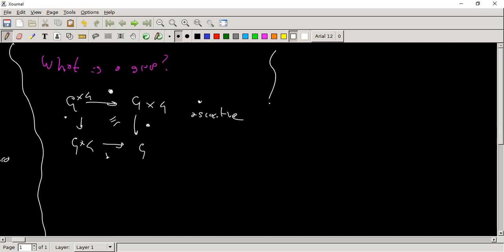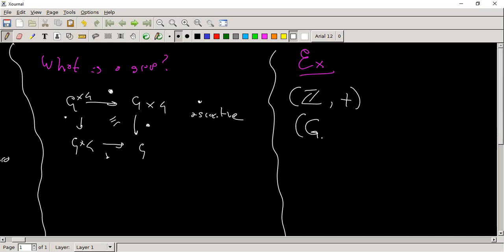So let's talk about some examples of groups. A very natural example is the integers under addition, one of the most important examples of a group. Another very common example is the invertible matrices with complex entries under multiplication.